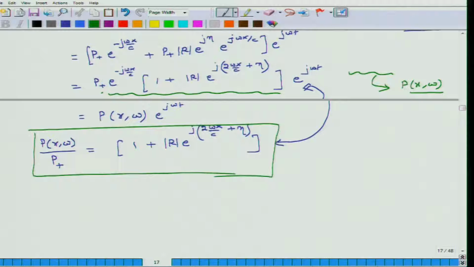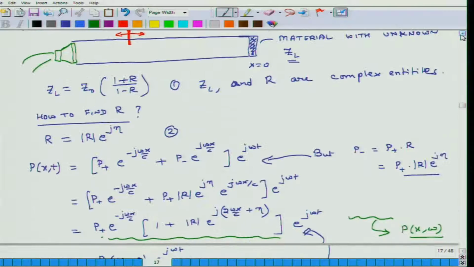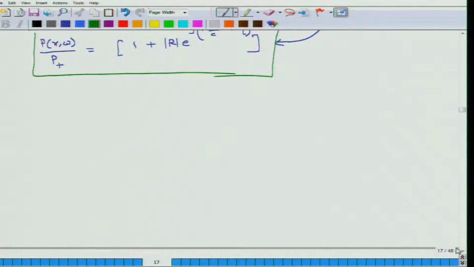And with that information, if I am smart enough and if I can figure out the value of R, then I can plug that value of R in this expression, this one, and I can calculate Z. So all this thing which we are doing is essentially to figure out a way as to how we can calculate R, which has a magnitude modulus of R and a phase eta. Okay. So that is what our aim is.